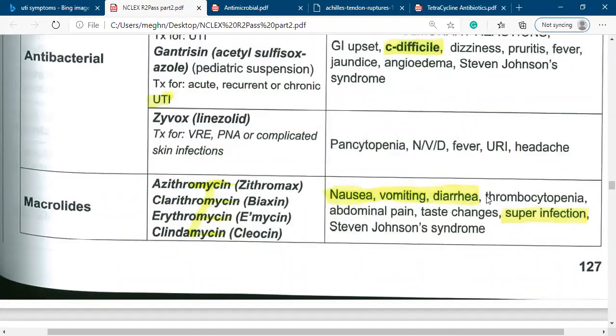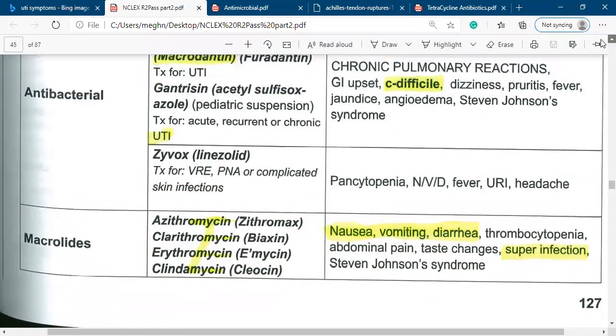So what are the other side effects from a different book? They cause thrombocytopenia, which means decreased platelet count, abdominal pain, taste change, or superinfection, or they cause Stevens-Johnson syndrome. Stevens-Johnson syndrome, right?